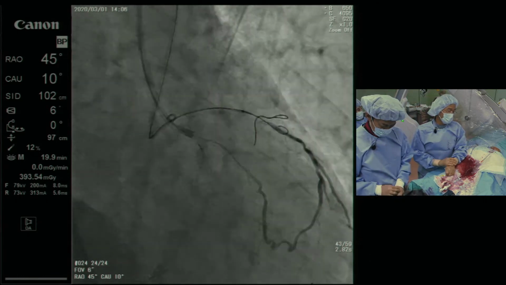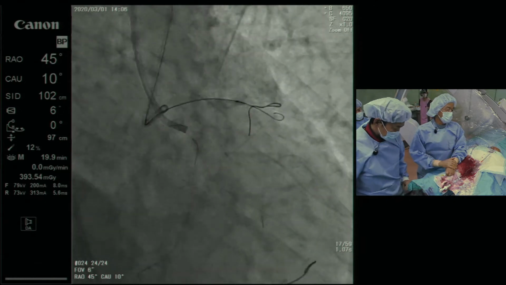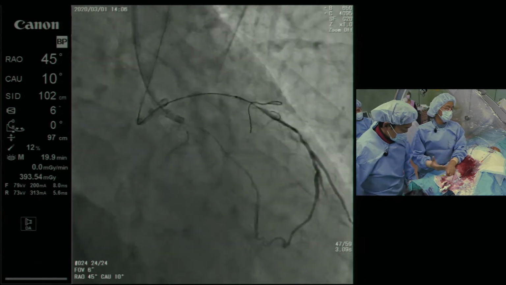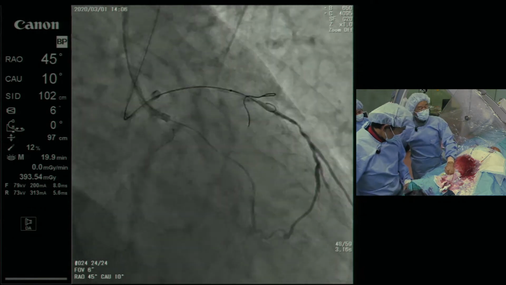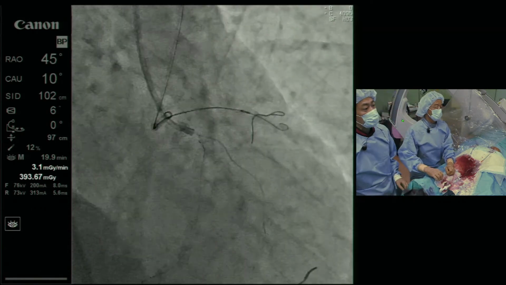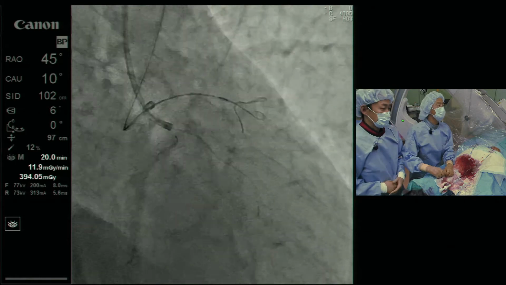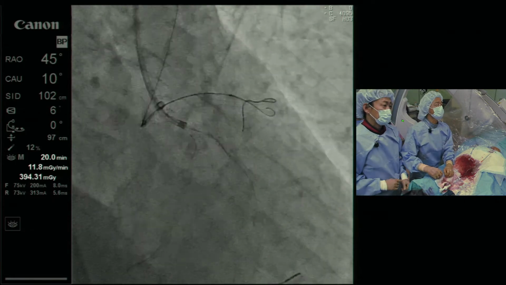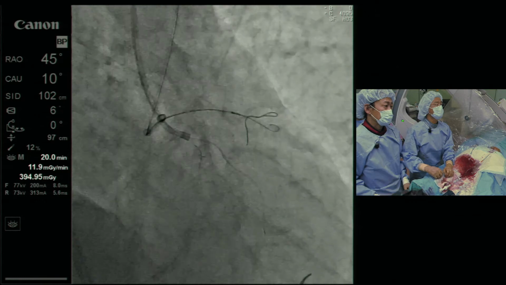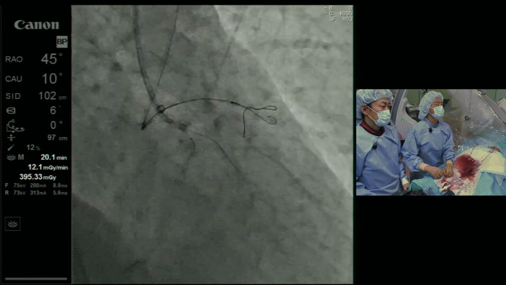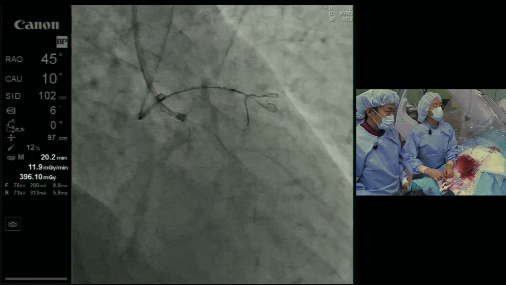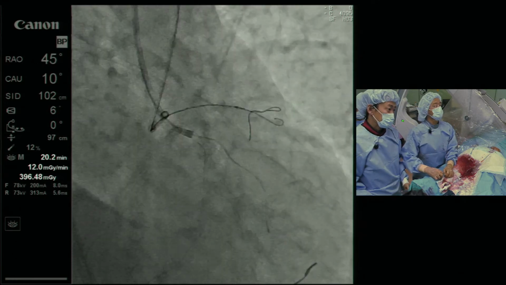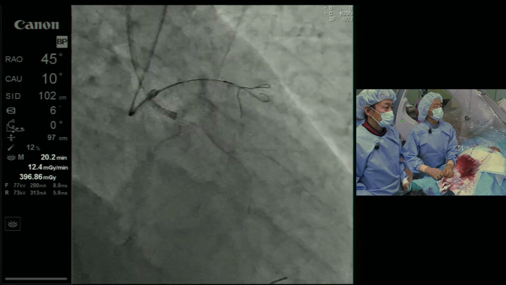So for the next step, we need an improved antegrade approach for further progress in this area. So now we are focused on the antegrade approach again. Of course, if the IVUS guided wiring fails, I will switch to the retrograde approach.